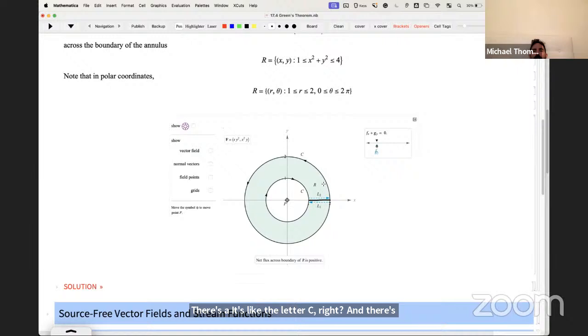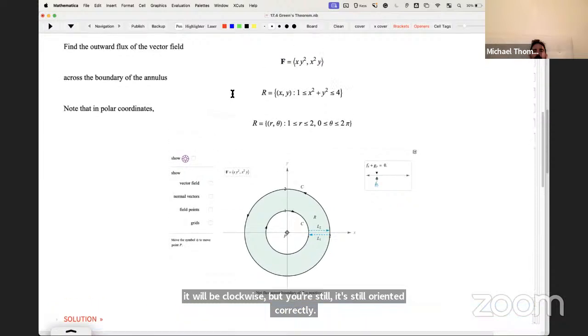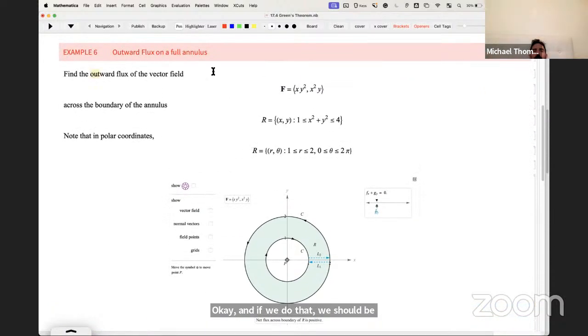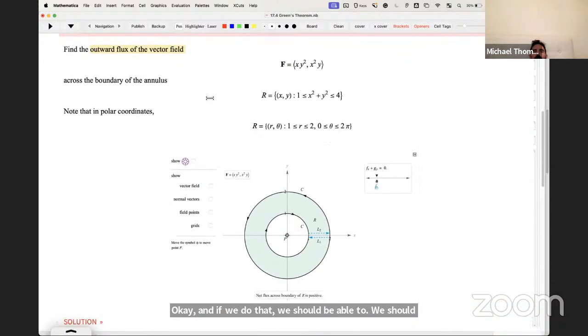So now it becomes a simply connected region. And then we can orient the curve in the forward direction, basically counterclockwise on the outside. On the inside, it'll be clockwise, but it's still oriented correctly. And if we do that, we should be able to find the outward flux using Green's theorem.